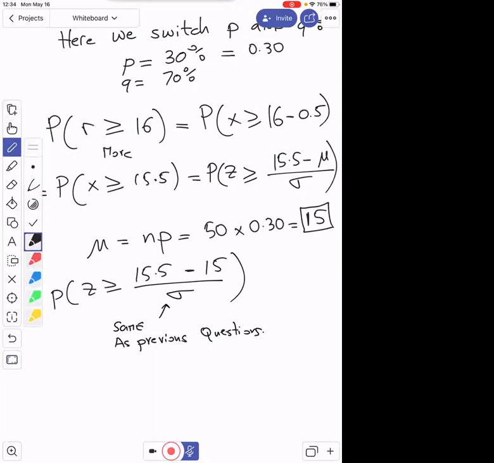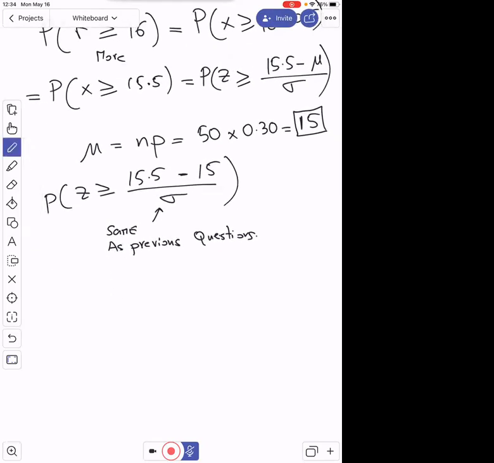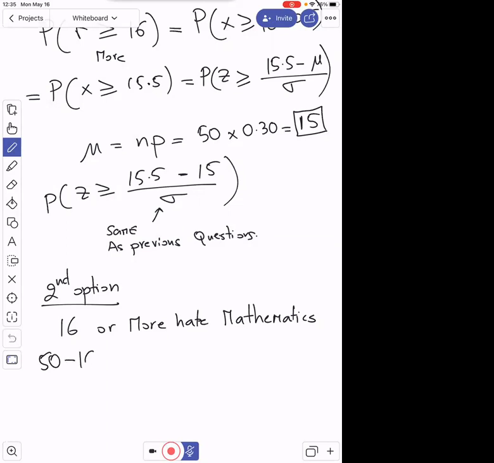The second option, if you don't want to switch your P and Q, is to take the opposite statement. If you know that 16 or more like mathematics, you have a group of 50, so the opposite statement would be 50 minus 16 or so, less, hate mathematics.